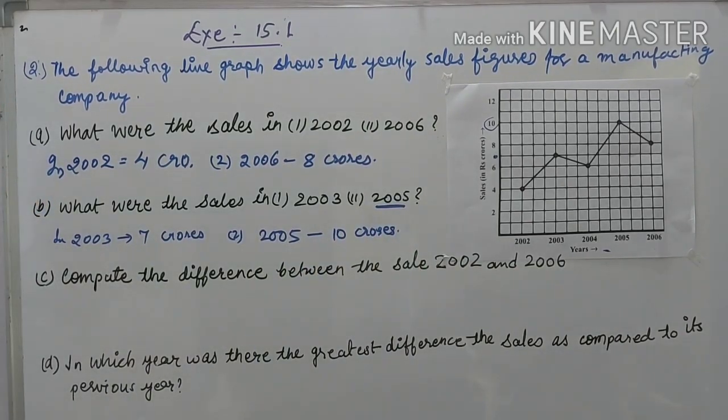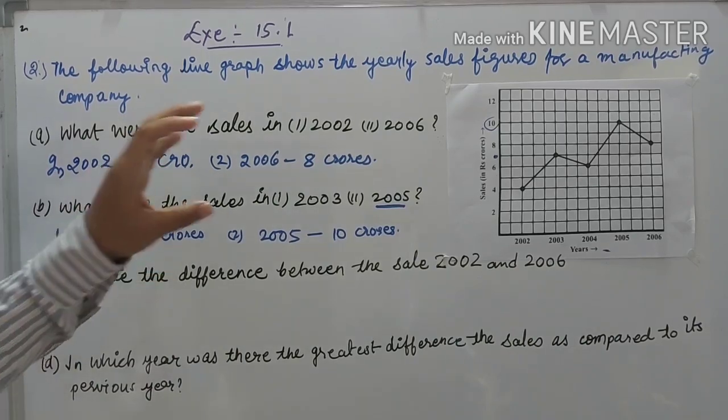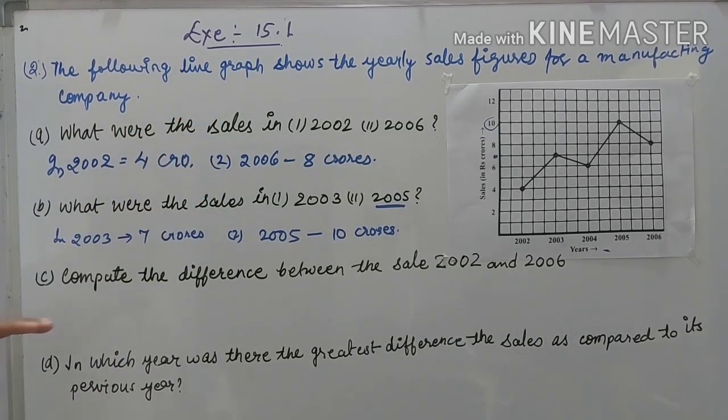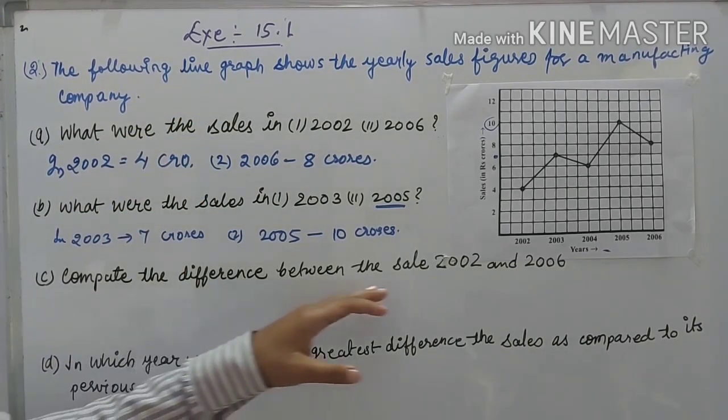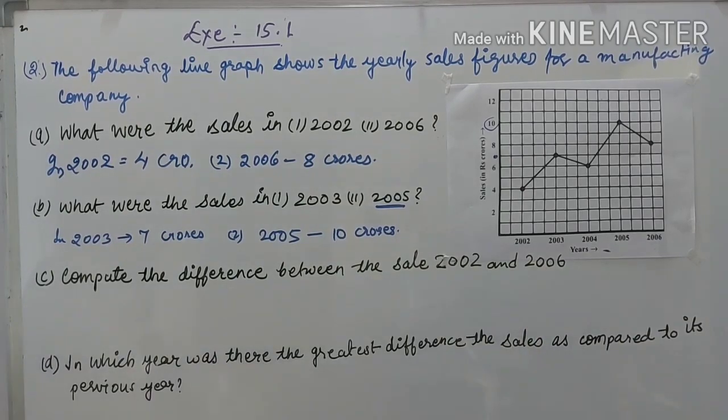Okay, this is the information according to the graph. Next, compare the difference between the sale of 2002 and 2006.